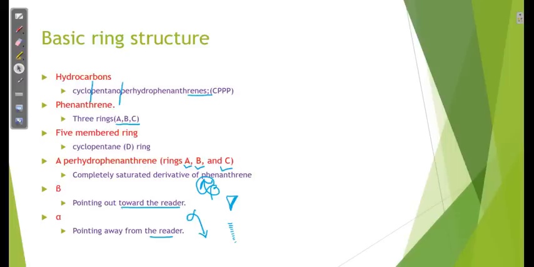So this is a very thick line, very easily we can recall it. And sometimes if it is written with a wavy line, that means confusion, that the stereochemistry is not clear.